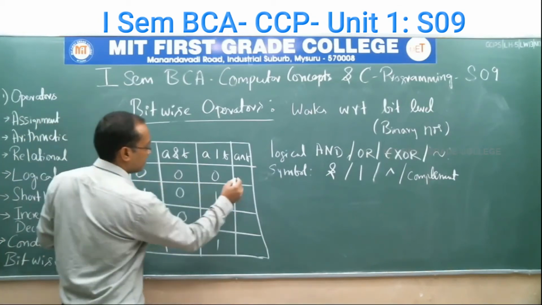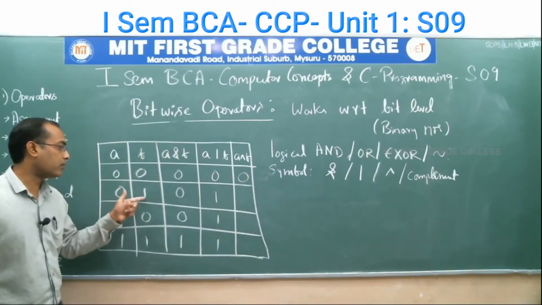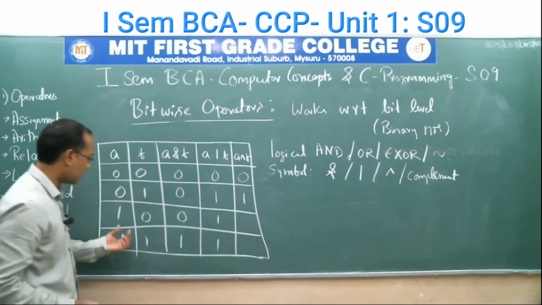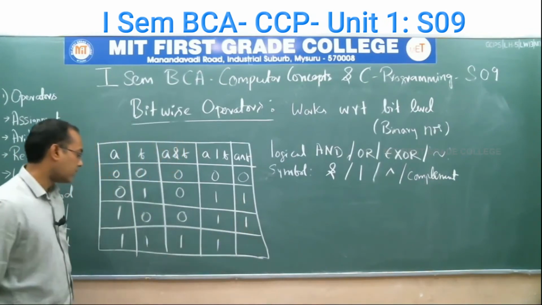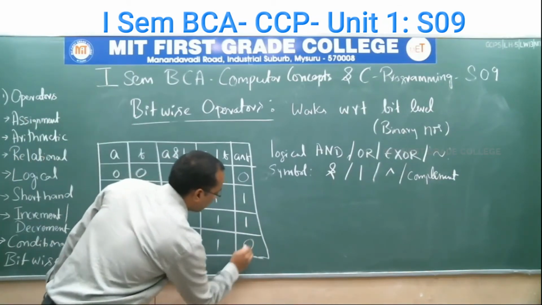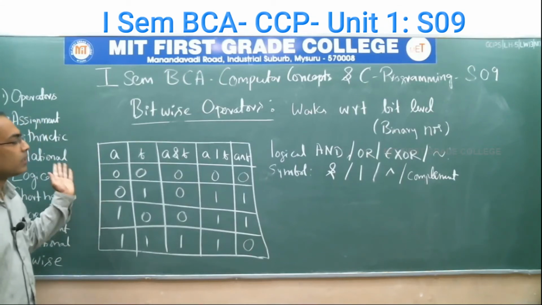In the first row there is no high input. Here we have one high input, which is odd in nature, so we will have output 1. Here also we have one high input. Here we have two high inputs, so we will have a 0. So this is the working of bitwise logical operators.